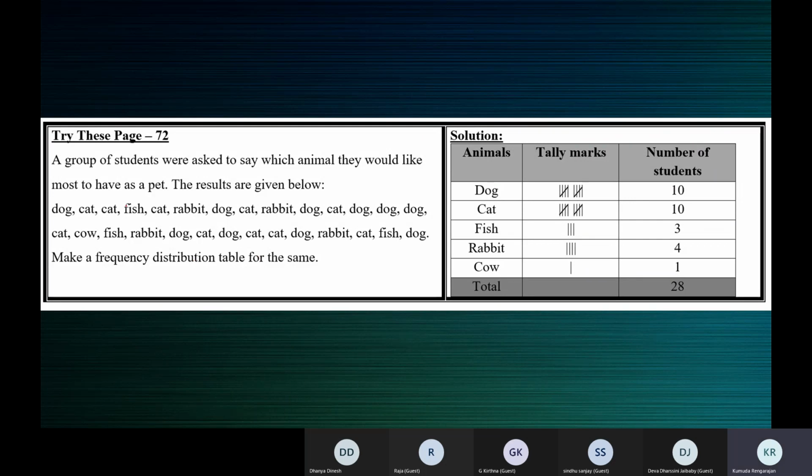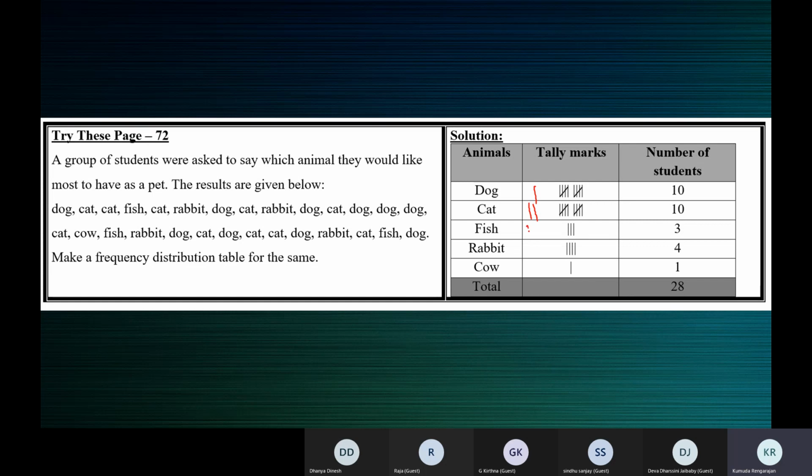So how do we basically prepare this? The different animals we have here are dog, cat, fish, rabbit, and cow. See here, the first one is a dog, so put a tally mark against dog. The second one is a cat, so a tally mark against cat, and then cat again.